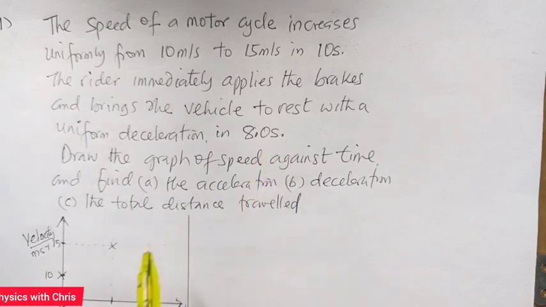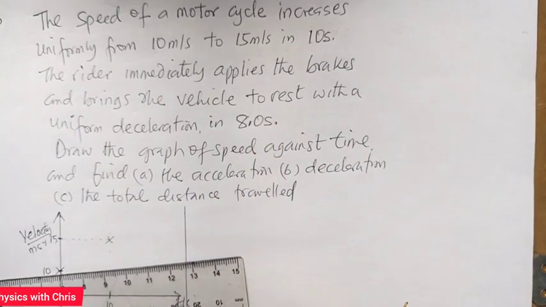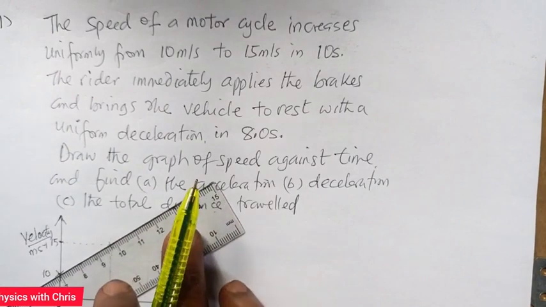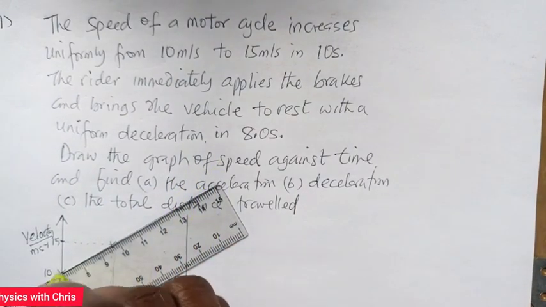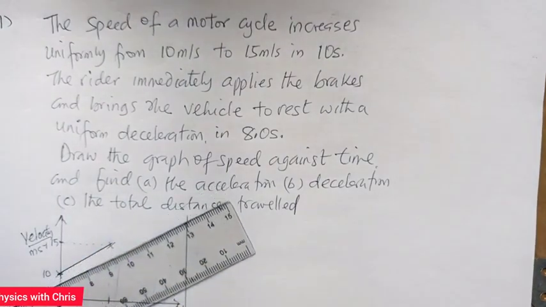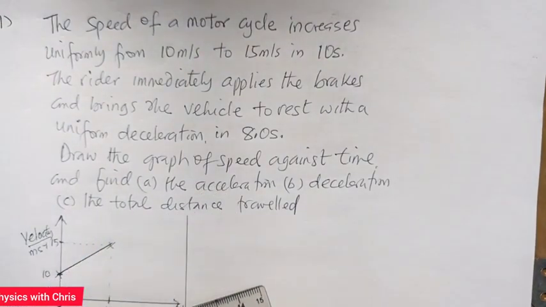Then we are told that after it has reached that speed of 15 meters per second from 10, the brakes are suddenly applied to bring the motorcycle to rest in a further 8 seconds.